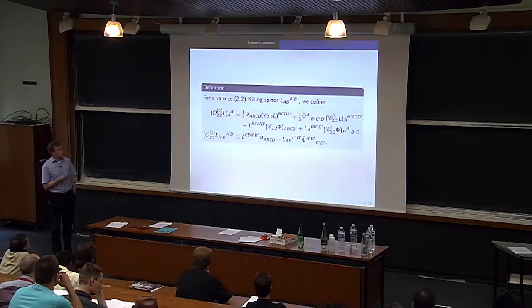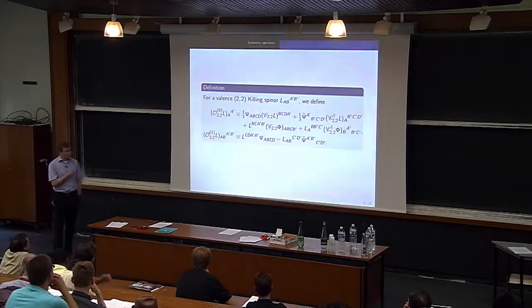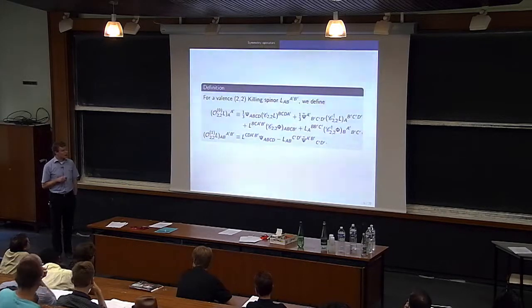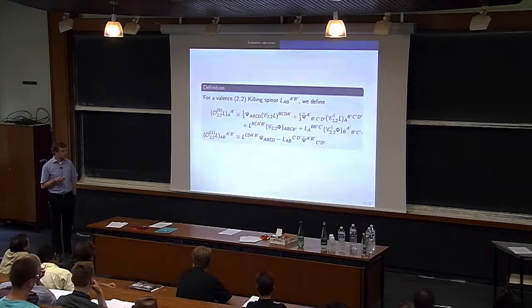Just to introduce a little bit more notation here, all these symmetry operators I'm going to talk about will require existence of a killing spinor. And if we have a killing spinor, we can actually form these two slightly weird expressions just involving the Weyl curvature, and here the trace-free Ricci.